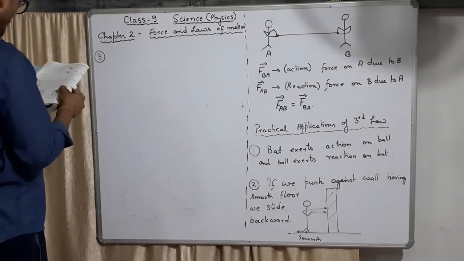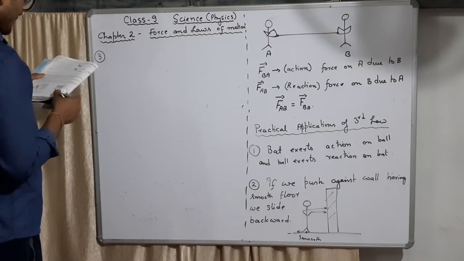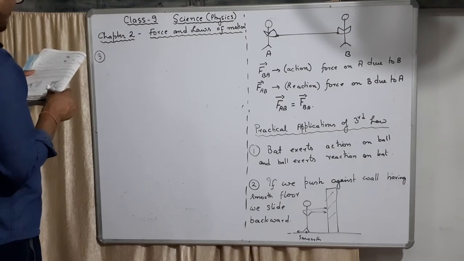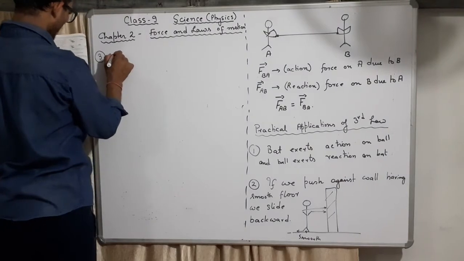Number 3, when you walk on the ground, you push the ground in the backward direction. The ground exerts an equal and opposite force R on you, and the component of this force along the horizontal direction makes you move forward. This is already discussed here, but I'll write here.